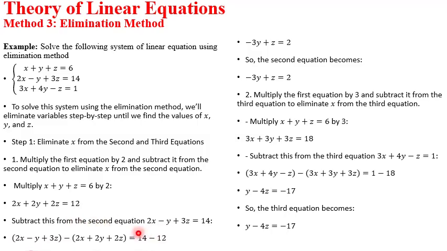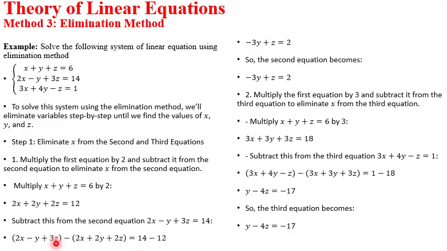So playing around with that, 2x minus 2x will give us nothing. So minus y minus 2y will give us minus 3y. Then 3z, minus times plus, of course, will give us minus.